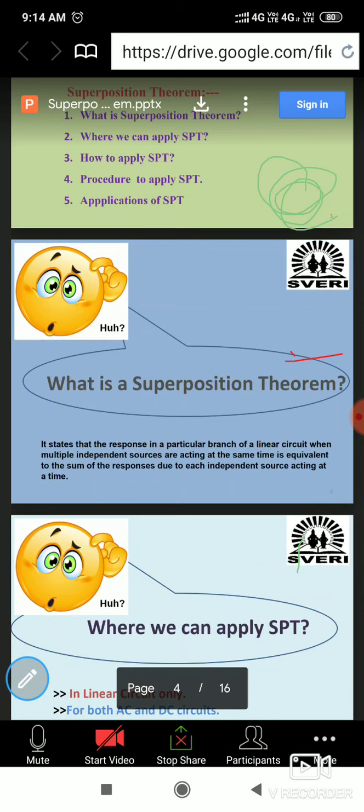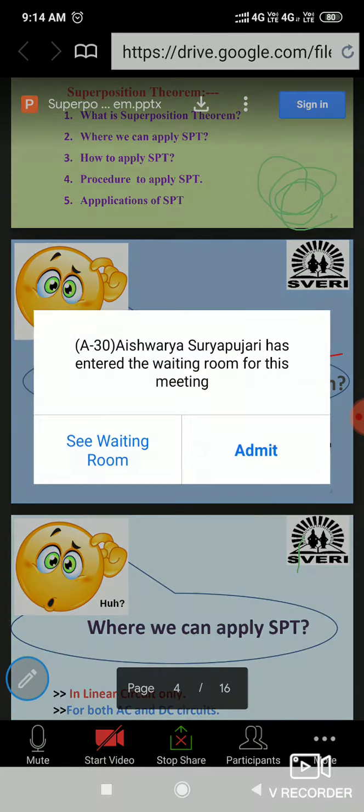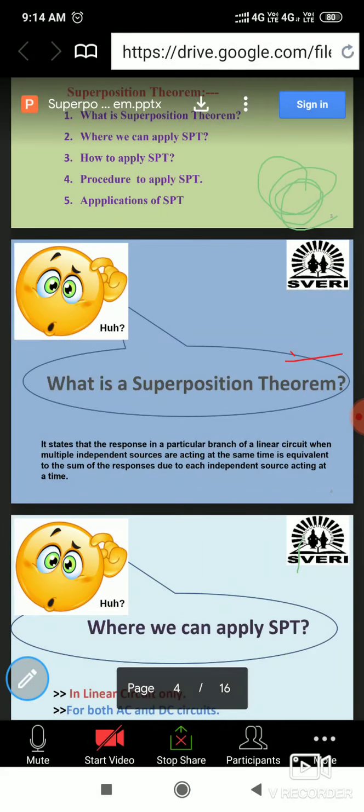Once again, what is meant by a linear circuit? A linear circuit is a circuit consisting of linear elements. Linear elements means R, L and C, that is resistor, inductor and capacitor, because these passive components exhibit the linear property. So what do you mean by linear property?